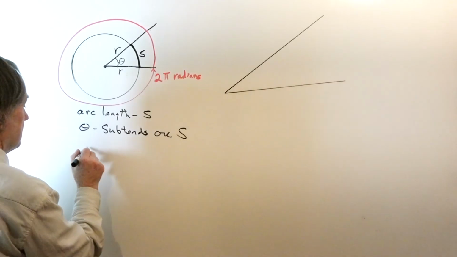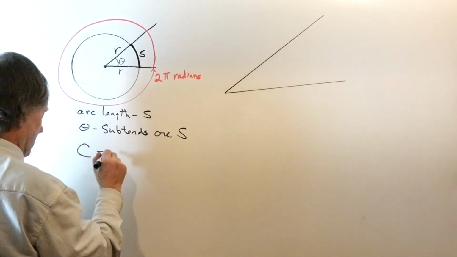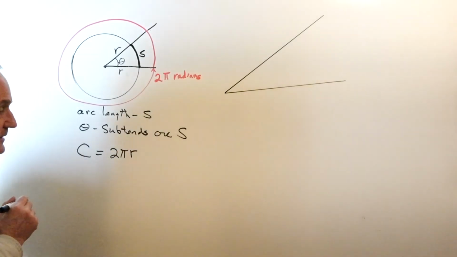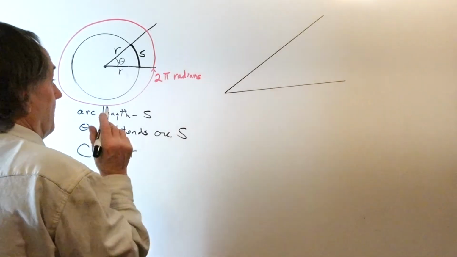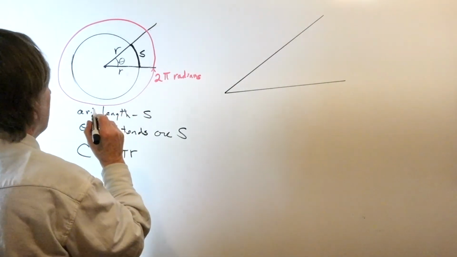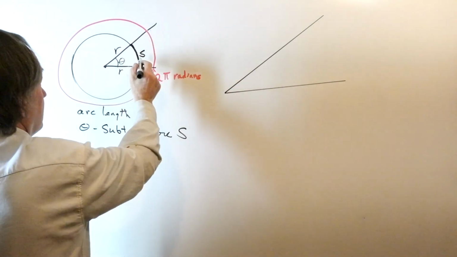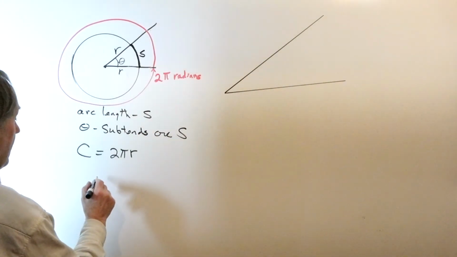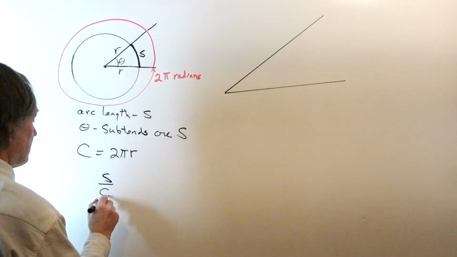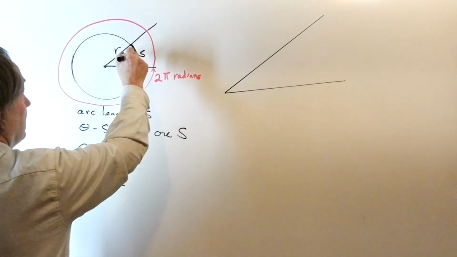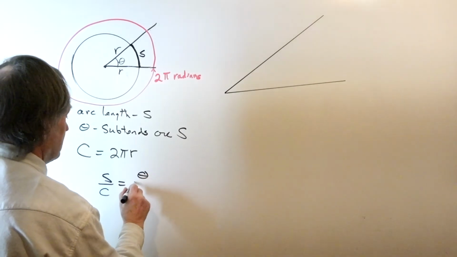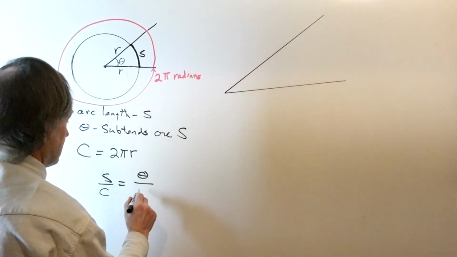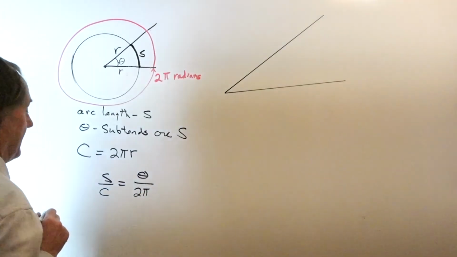And we know that the circumference on a circle is 2 pi radians times the radius. Now, the relationship is that if the arc length S is just a portion of the circle, we can set up a ratio that S is to the circumference as the angle that subtends S, which is theta, is to the total angular measure around in radians, or 2 pi.